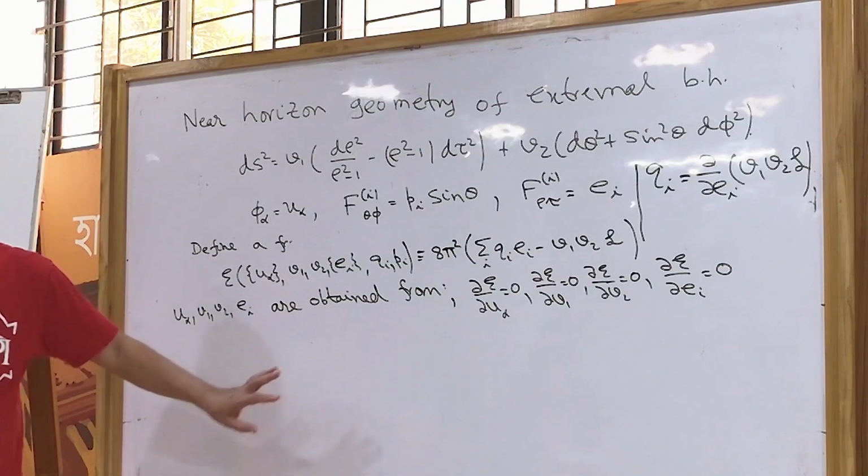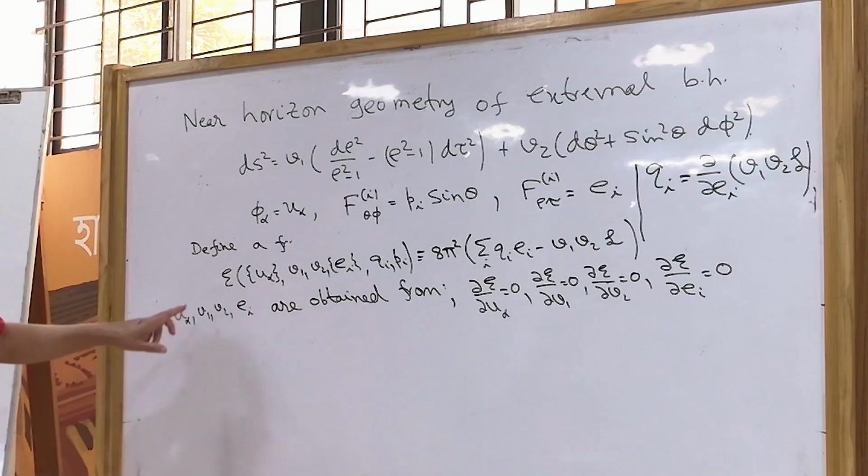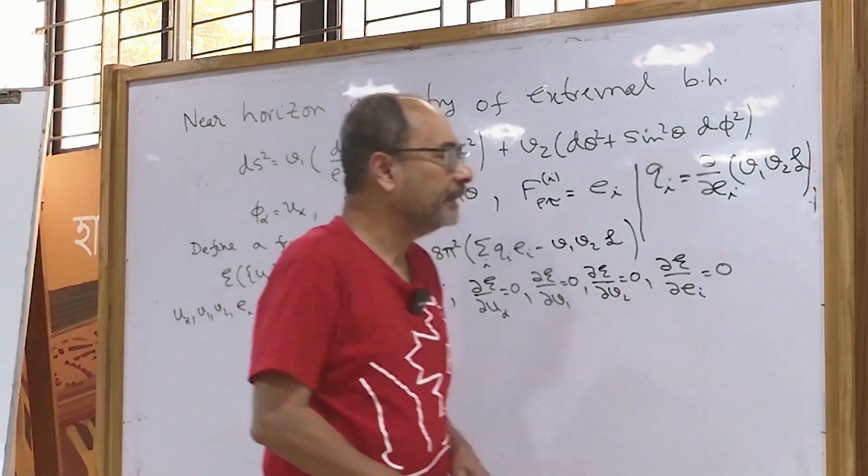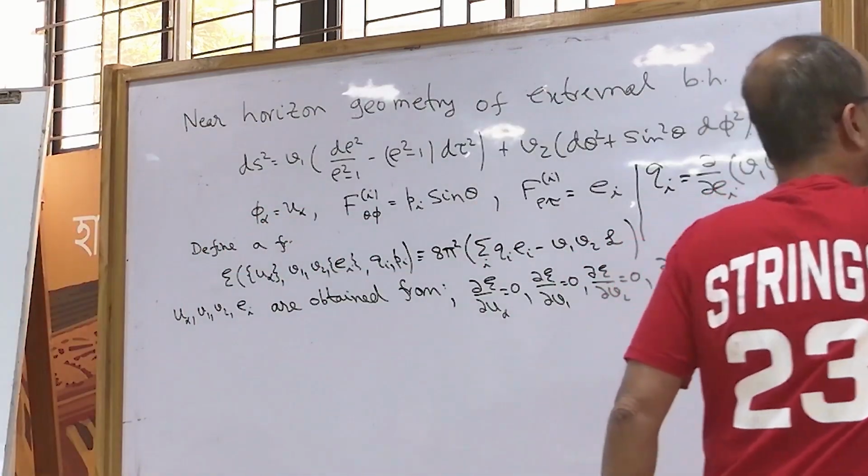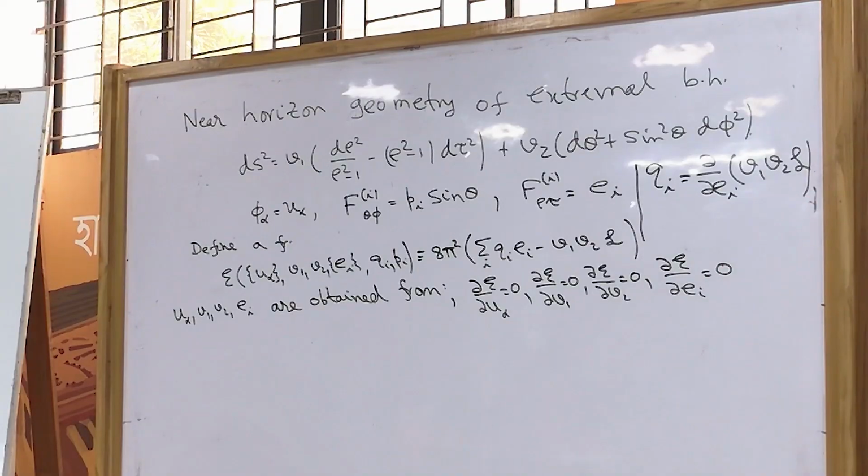So is this clear? This is what we had gotten last time. I just changed the name, and the point is that the entropy is given by E at the extremum.